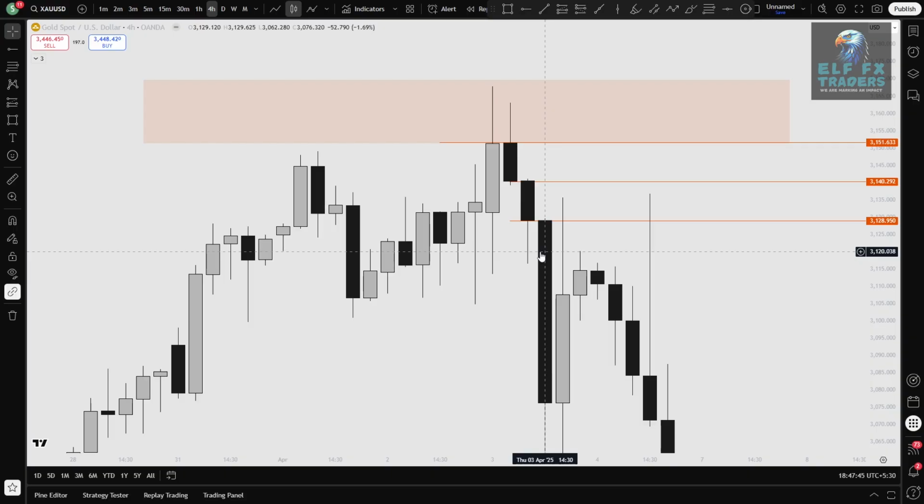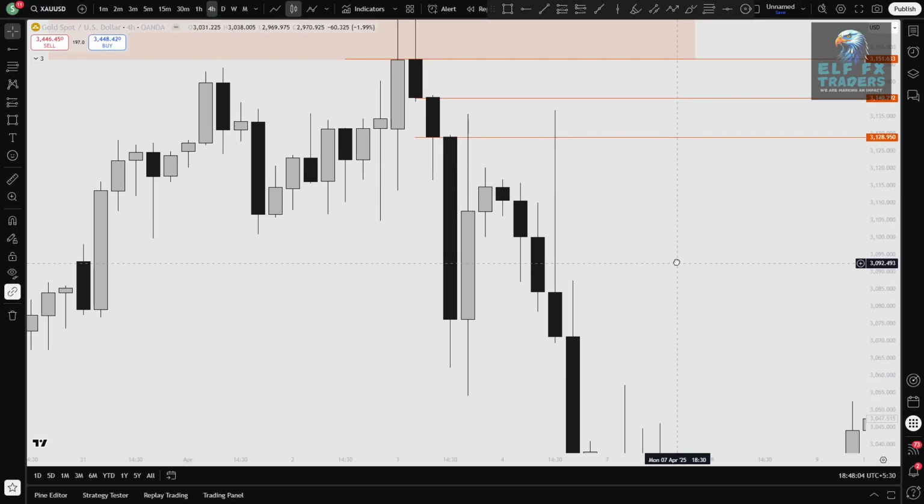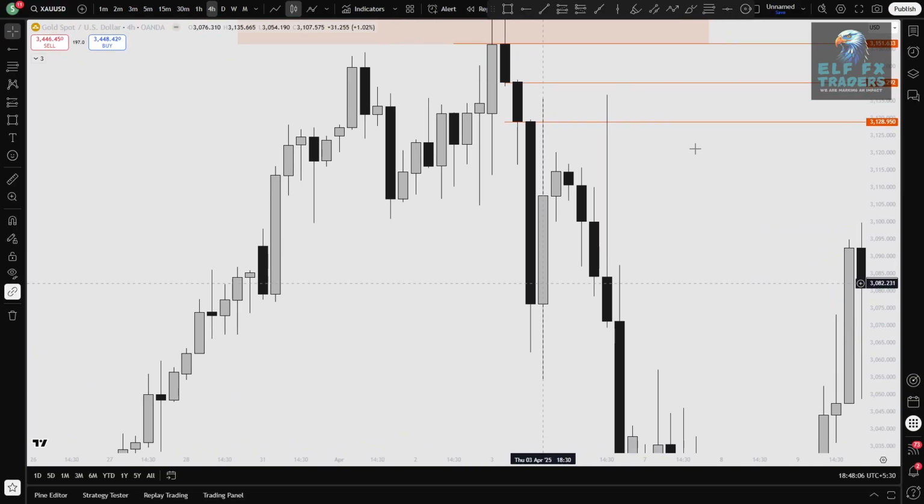It does not include the wick. That's the difference. When we are looking at the candlestick, we are looking at the wick and the body. But when we are looking at the line chart, we are not including the wick. The wick is neglected.